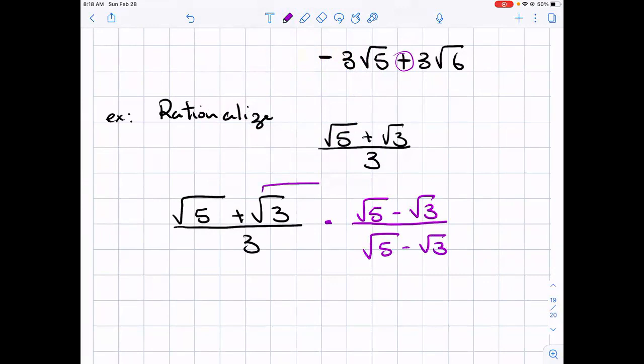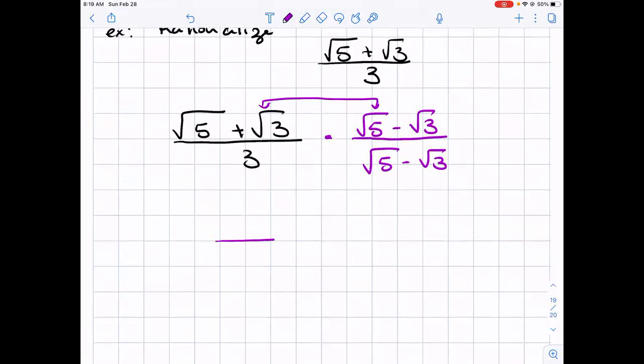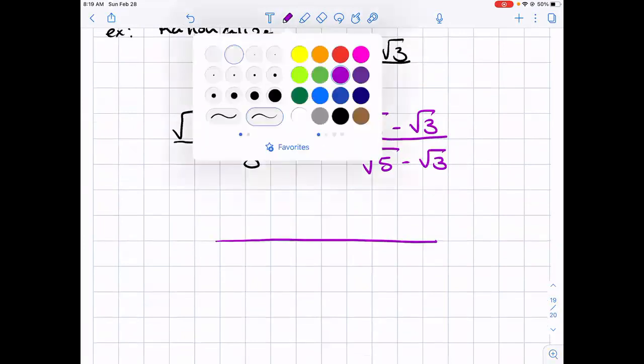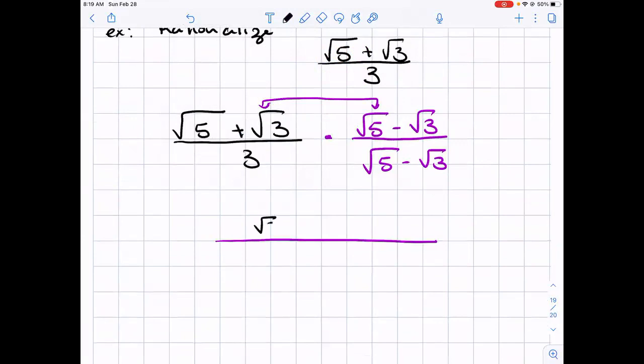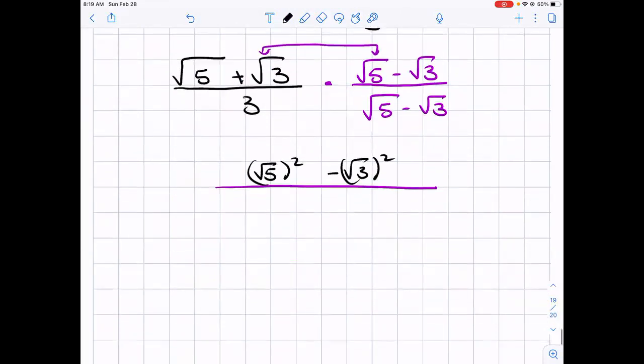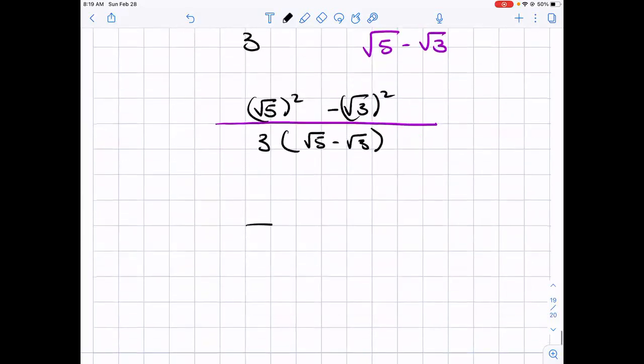Now notice that this is difference of squares in the numerator because we're rationalizing the numerator. So if we write this, this becomes the square root of 5 squared minus the square root of 3 squared. And in the denominator, we have 3 times the root of 5 minus the root of 3. So in my numerator, this becomes 5 minus 3.